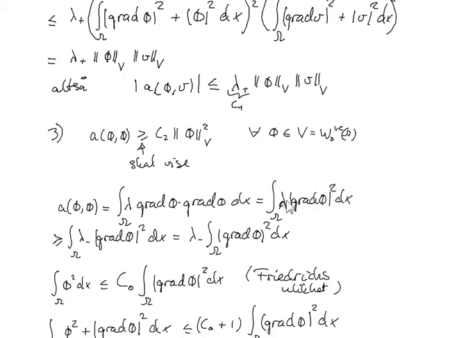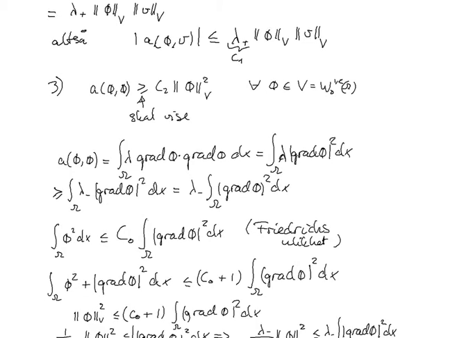And here we use that lambda is a function which is strictly larger than some lower bound lambda minus, which is a constant. This is just to find an easier way of estimating this integral, because lambda minus is a constant, so we can put this in front of the integral sign like this.